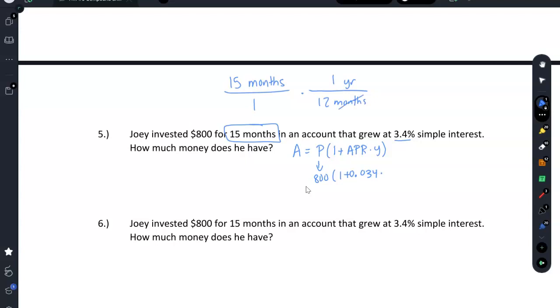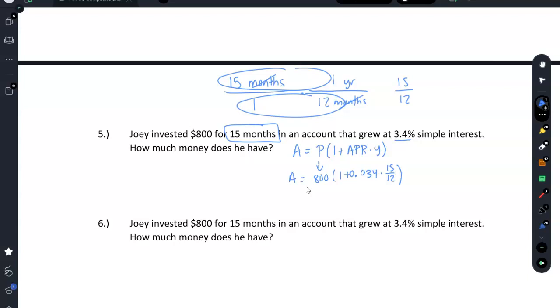So then the word months would cancel, and if I multiply across the top, I get 15 times 1, which is 15. If I multiply across the bottom, I get 12. So an easy way to convert months to years is just to take the months and divide it by the amount of months in a year, which would be 12. So I'm just going to leave it a fraction, 15 over 12.